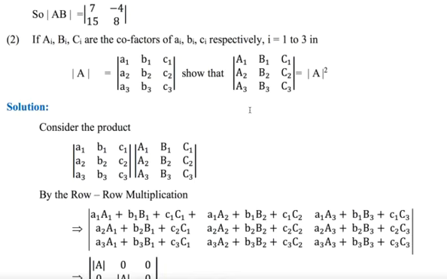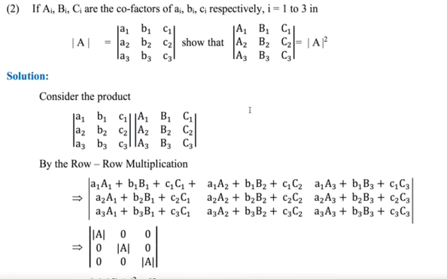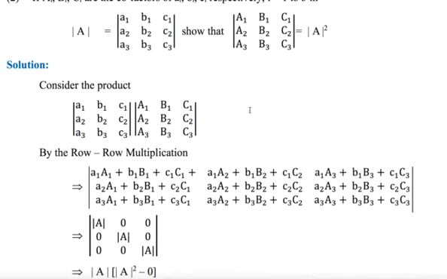First they are forming the product: A1 A2, B1 B2, C1 C2, A1 A3, B1 B3, C1 C3.